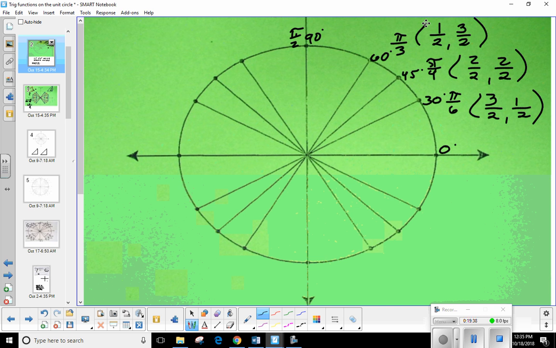And then take the square root of the numerators. So what's the square root of 1? 1, so it doesn't look like it changes. See, in seconds, you've got all 3 of those points. I can then take this and just reflect it over. I could have the unit circle in no time at all.